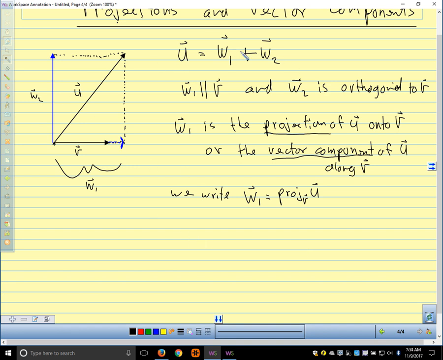And we can say from this equation, or we can also see from the diagram, that W2 is u minus W1. And this is the vector component of u orthogonal to v.